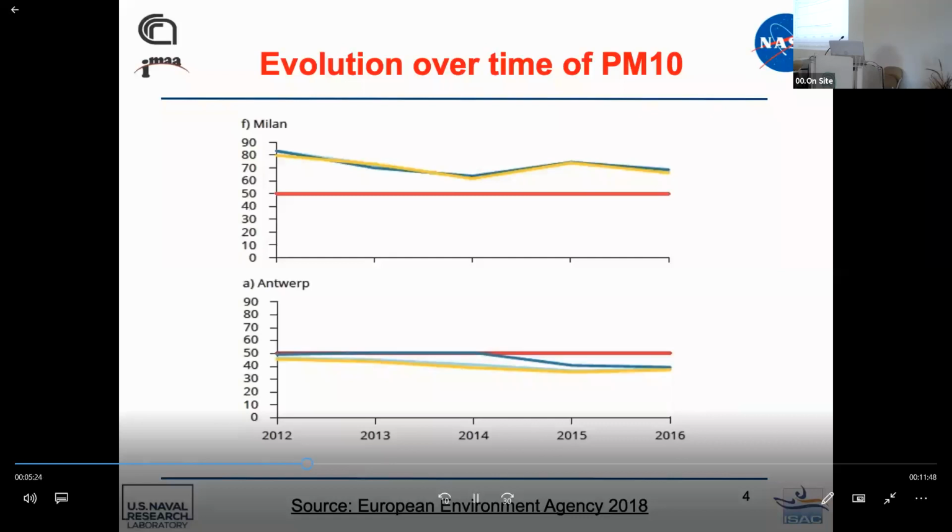We can see that during the past 5 years, we have a sort of decrease. And for Antwerp, that is in the Benelux, we observe the same sort of decrease. Those data are taken from the European Environment Agency in 2018.